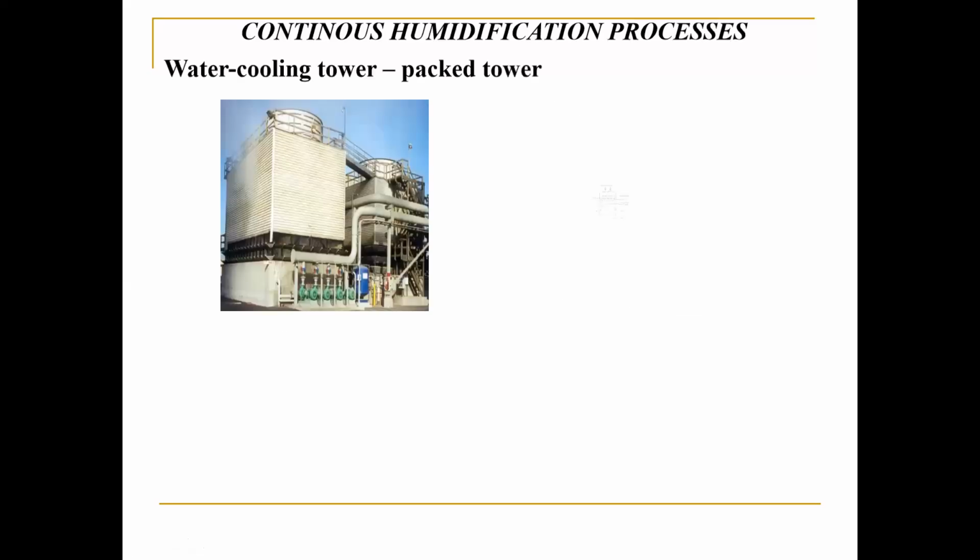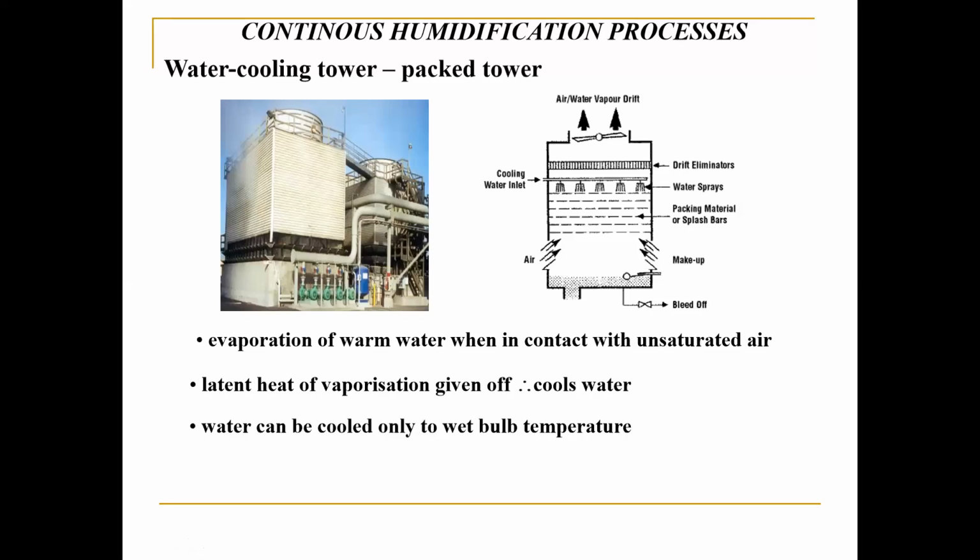So what we are going to look at today is continuous humidification processes. Mainly, we will look at how to design a cooling tower. Actually, I think almost all chemical plants will have a cooling tower.